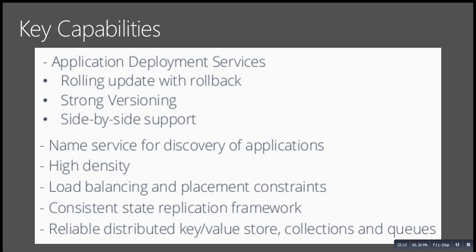It provides a name service for discovery of applications, high density microservices, load balancing and placement constraints. Azure Service Fabric will take care of it, and it also provides a consistent state replication framework, and reliable distributed key value store collections and queues.